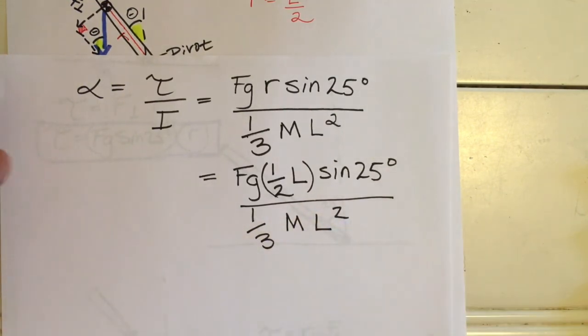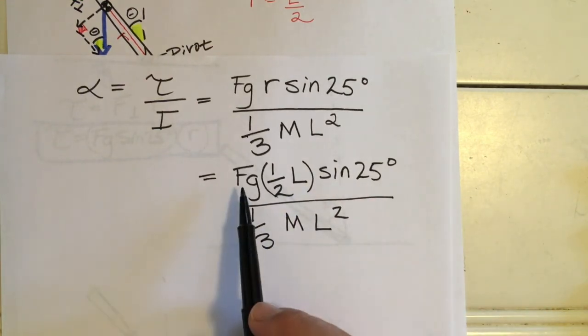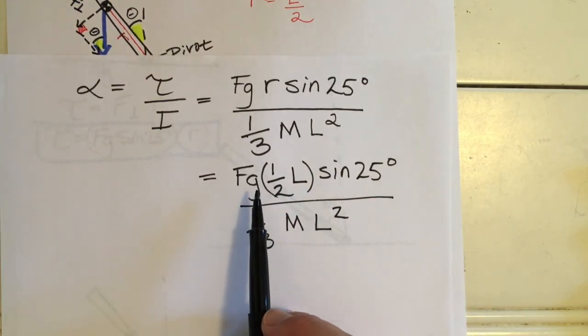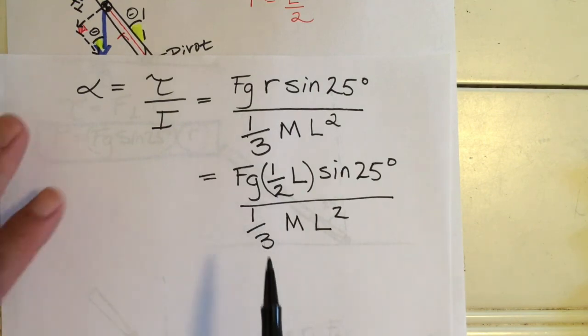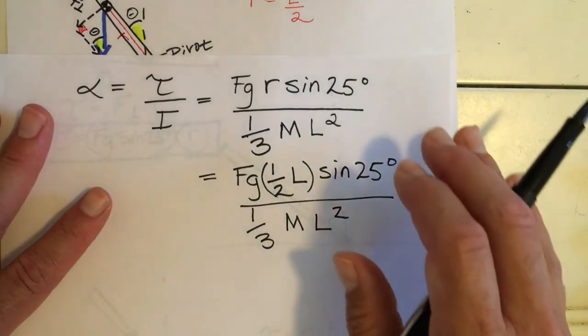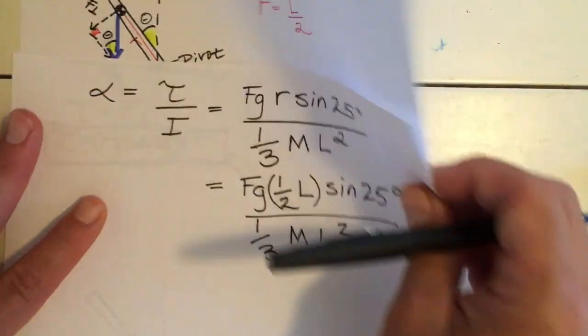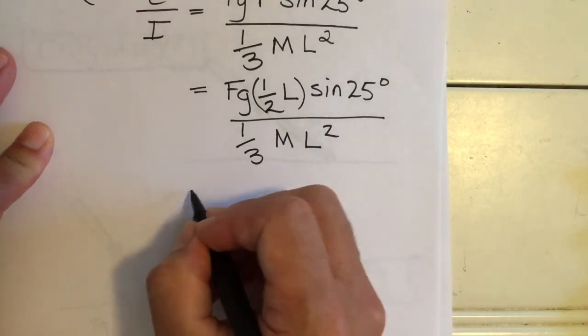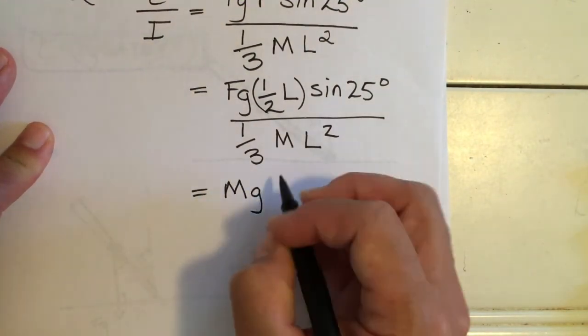Right now, if this looks gross to you, you know Fg. It's your mass, which is 79 kilograms times 9.81. Let me rewrite this one more time. This is getting kind of neat. mg.